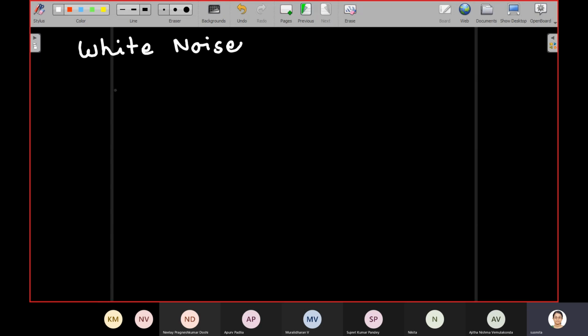White noise is called white if it has zero mean, this is a zero vector.